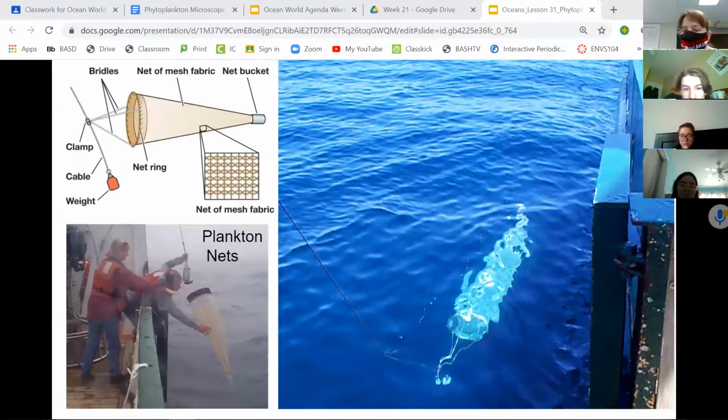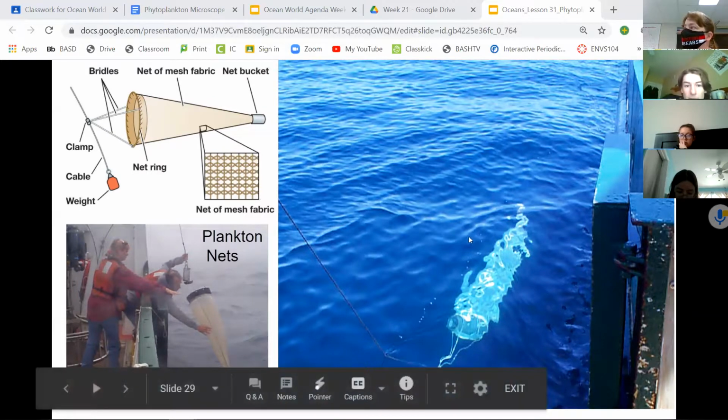Okay, how do we collect phytoplankton samples? Well, with a net. So the best way to collect your phytoplankton is simply to drag a very fine mesh net beside or behind the boat as you travel. It allows the water to pass through, but it will collect the phytoplankton.